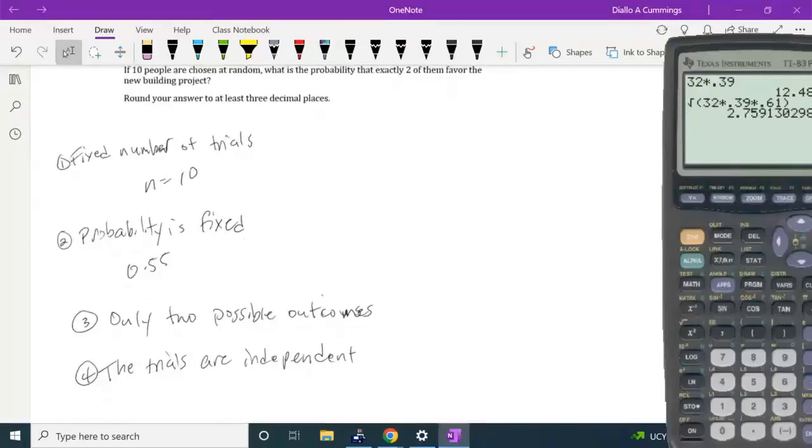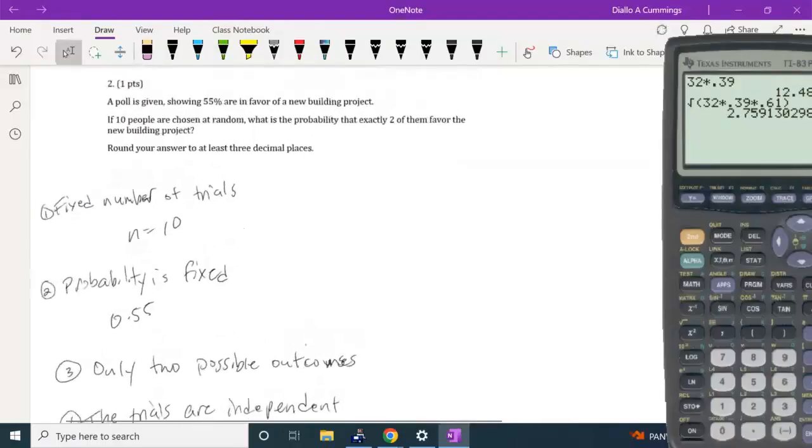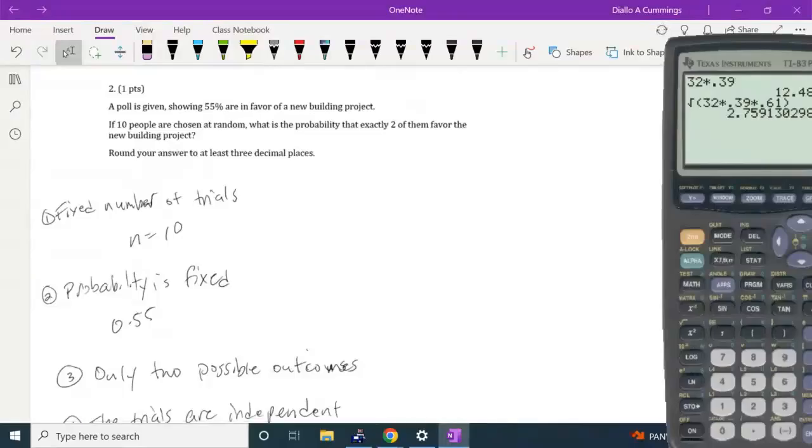Okay. So if you're ever questioning what kind of distribution it is, if they don't tell you, I would just run through these 4 checks, and then if it's not a binomial, then by default it has to be a standard normal. All right, because this problem does not tell you. All right, so now that we know this is a binomial, we know that n is 10. The probability of success is 0.55.